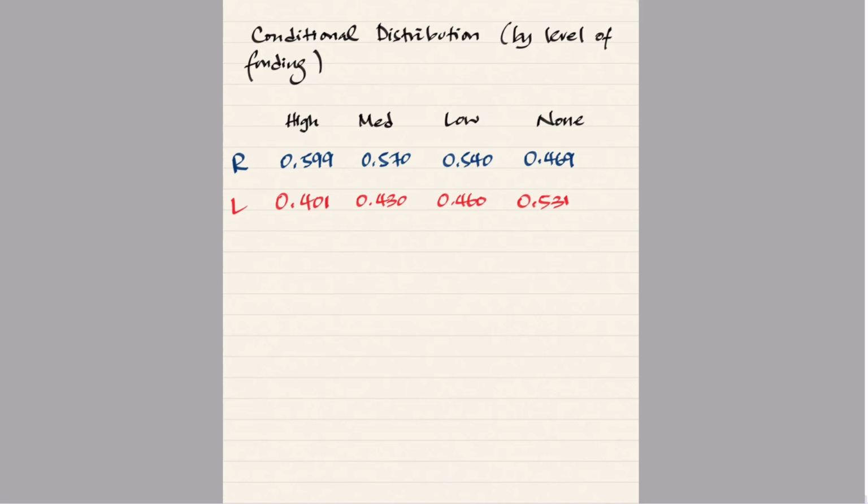So for high funding, almost 60% of the voters in that county voted for Roosevelt, whereas about 40% for Landon, and so on. And when we get over to the very far right, where it says no funding or none, you can see that it's almost reversed. So in that case, you have roughly 46.9% of the voters going for Roosevelt and 53% going for Landon.